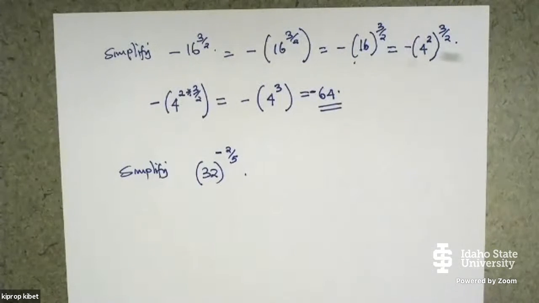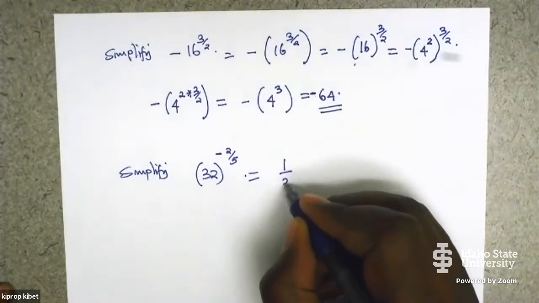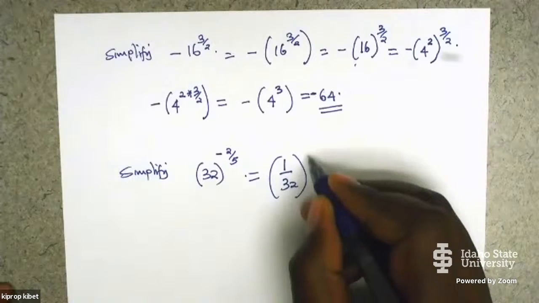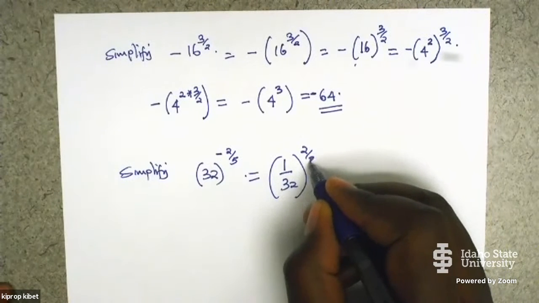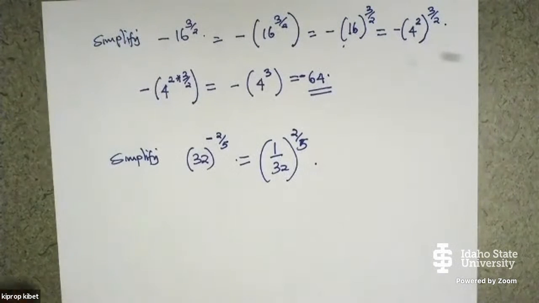So what did you say in property 5.1? If we have the negative here, to remove the negative, what do you do? Yes, so this is similar to 1 all over 32 raised to what? 2 all over 5.